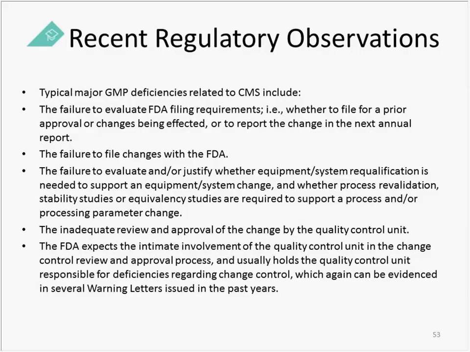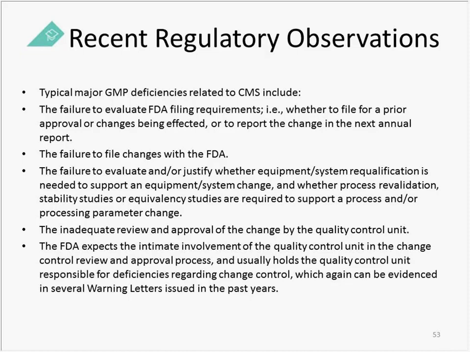So let's look at some recent regulatory observations on change control programs. Typical major GMP deficiencies related to the change management system include the failure to evaluate the FDA filing requirement, so whether to file a prior approval or changes being effected, or to report the change in the next annual report.